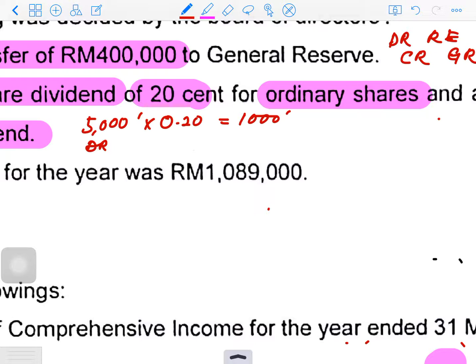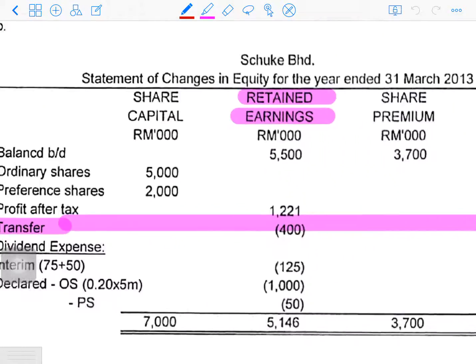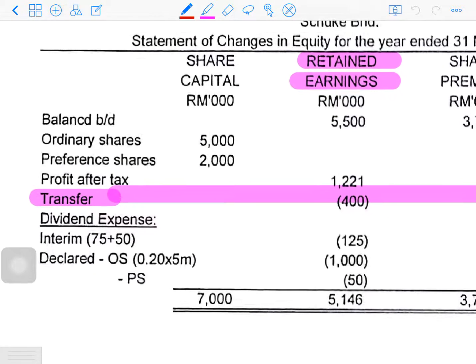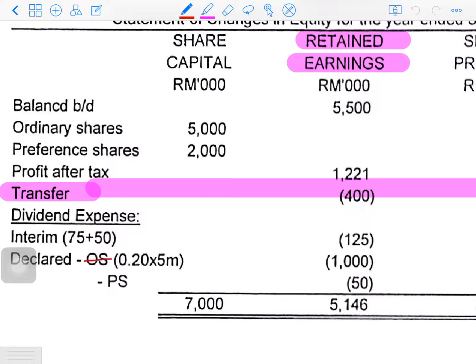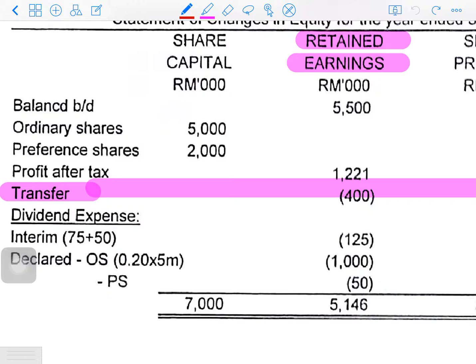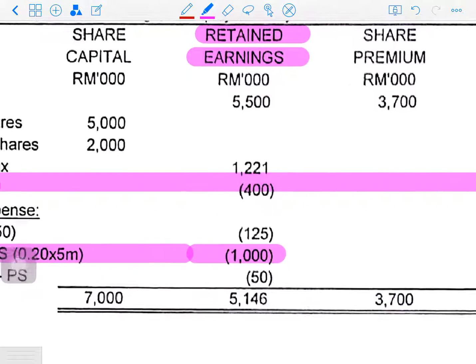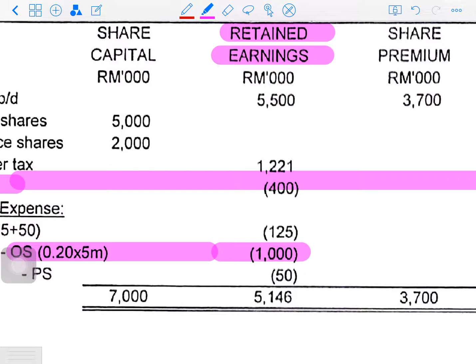So this will affect your statement of changes in equity, in the final dividend here. 1 million, debit retained earnings.